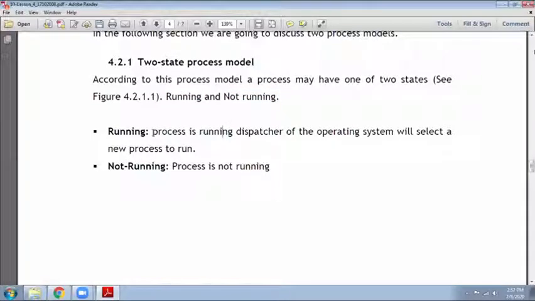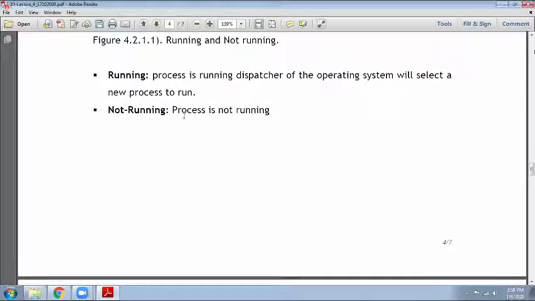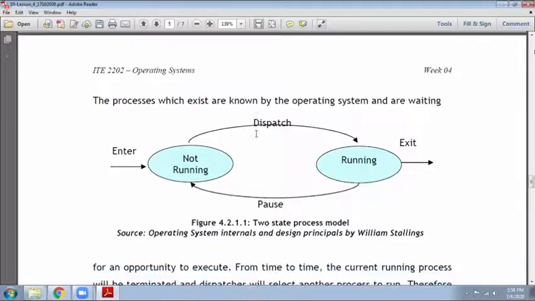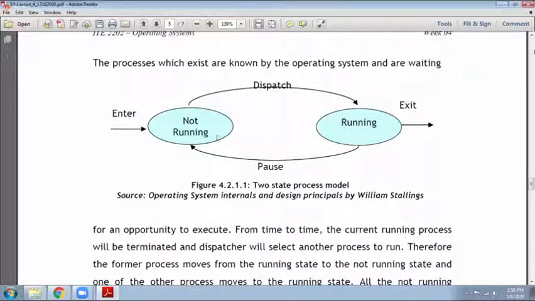So the running state means the process is running. The dispatcher of the operating system will select a new process to run. Not running means simply the process is not running. So you can take one from the not running state to the running state. It is known as dispatch.